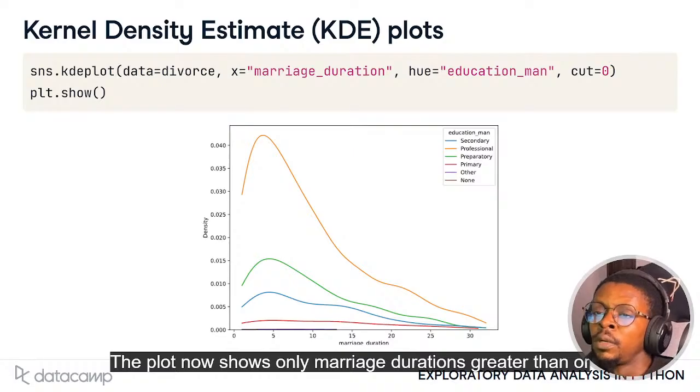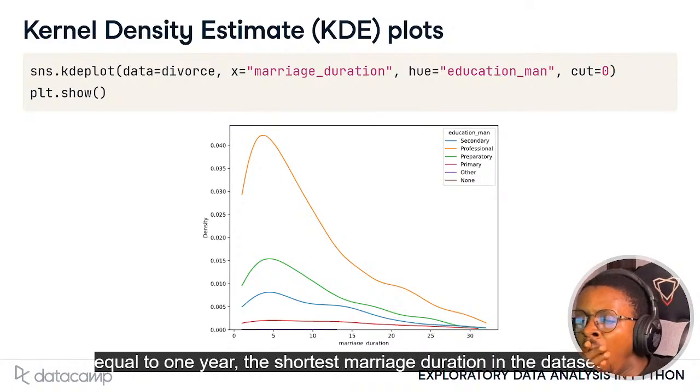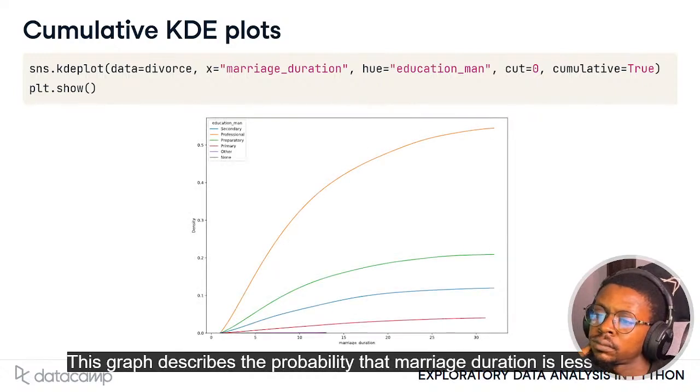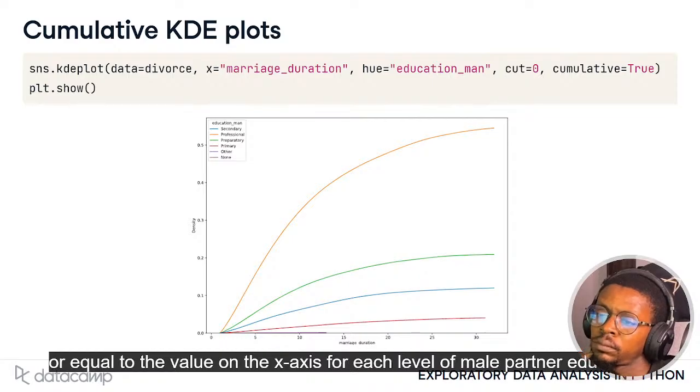The plot now shows only marriage durations greater than or equal to 1 year, the shortest marriage duration in the dataset. If we're interested in the cumulative distribution function, we can set the cumulative keyword argument to true. This graph describes the probability that marriage duration is less than or equal to the value on the x-axis for each level of male partner education.